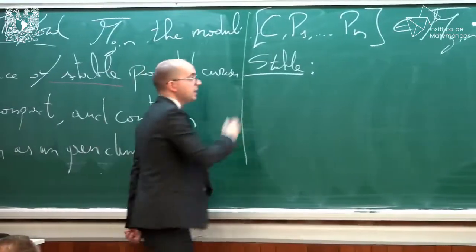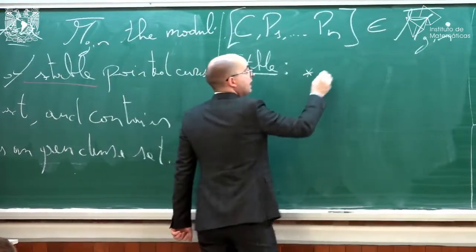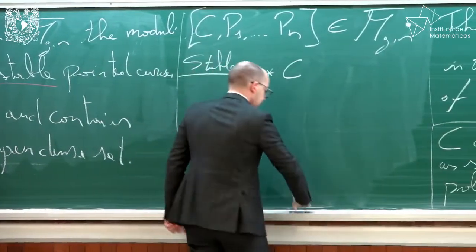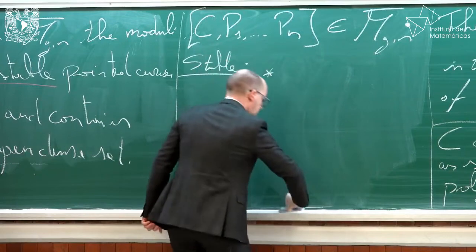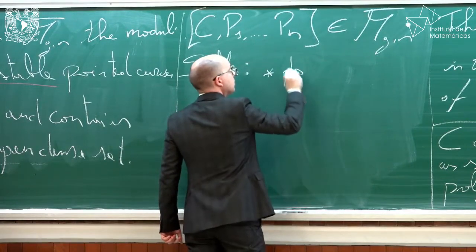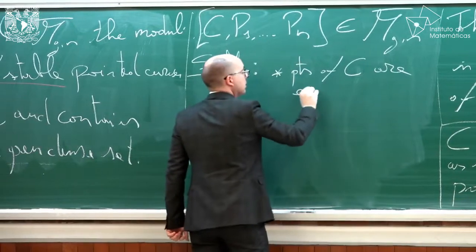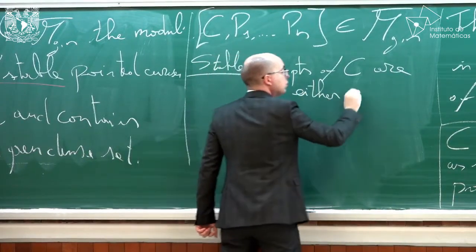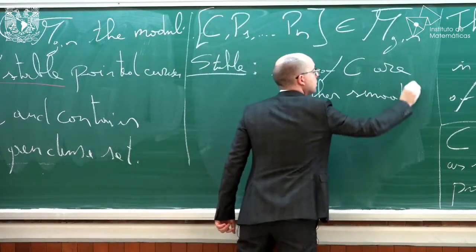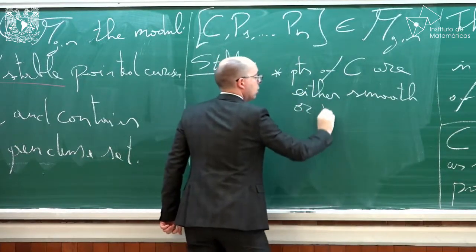Stable means the following. There are some conditions that have to be satisfied. First, points of C are either smooth or nodal.